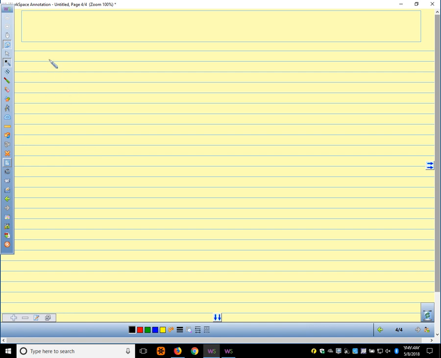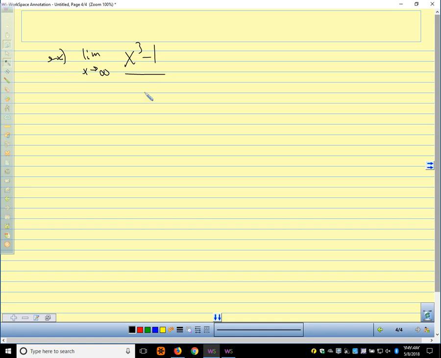The limit as x approaches infinity of x cubed minus 1 over x squared. So here, the highest degree is in the numerator.